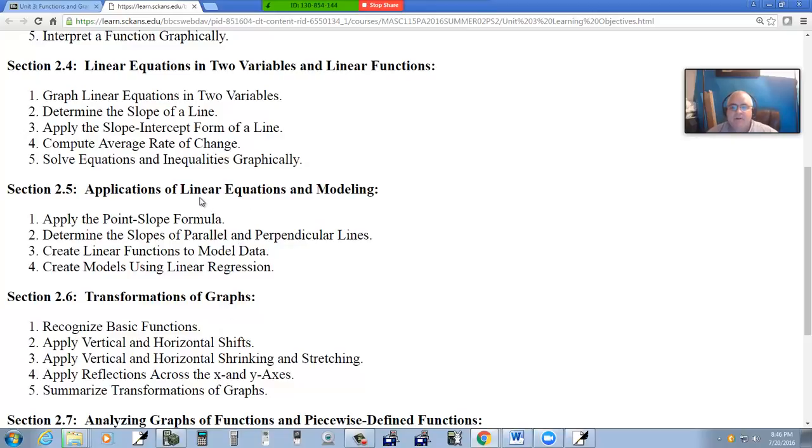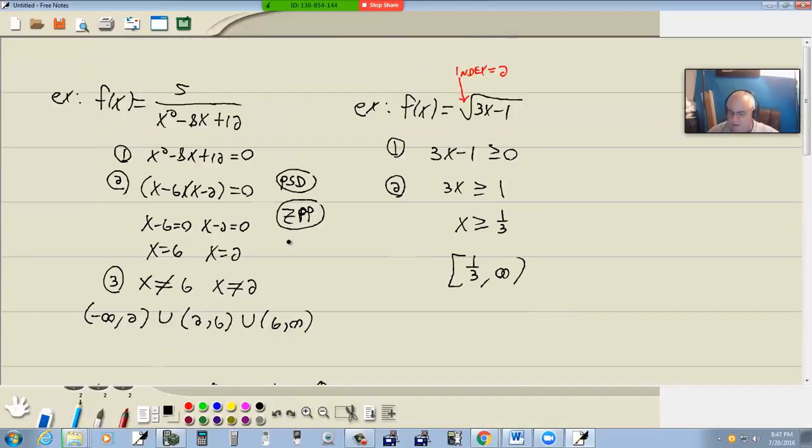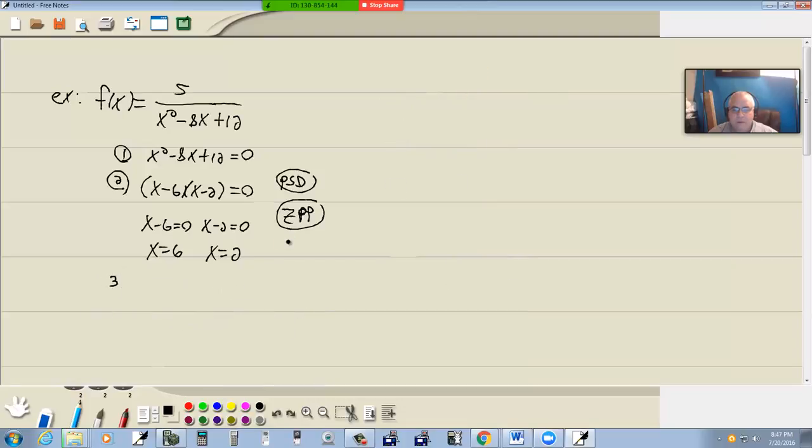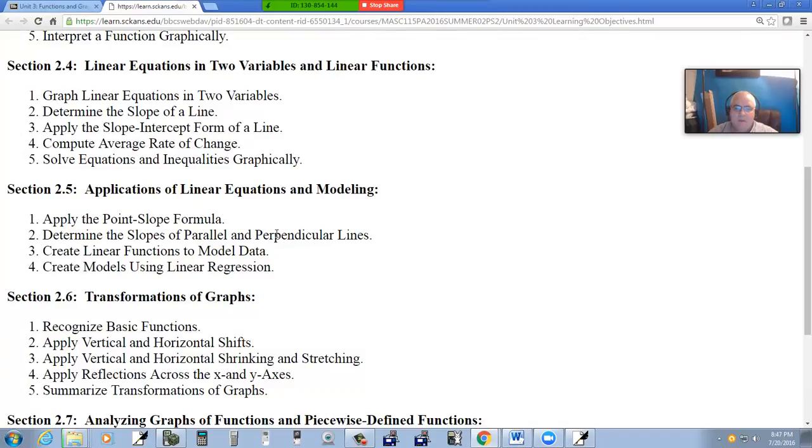Okay, so this talks about linear equations in 2 variables and linear functions. So let me clear this off. And it says graph linear equations in 2 variables, determine slope, intercept form.